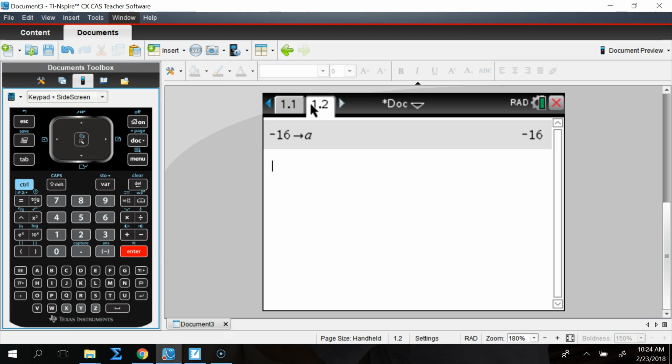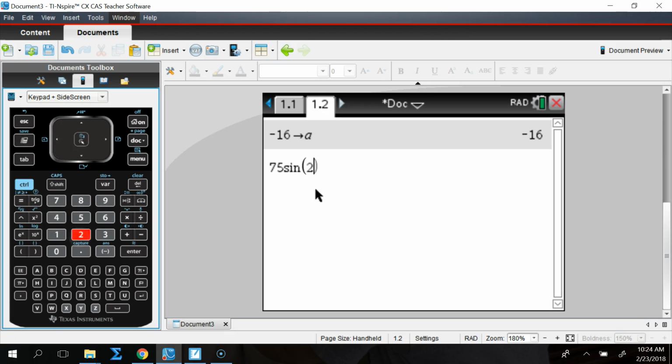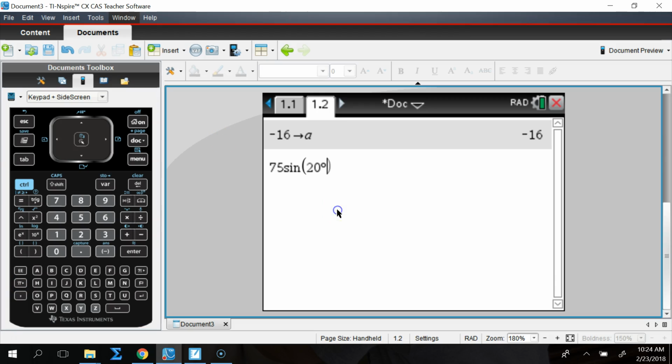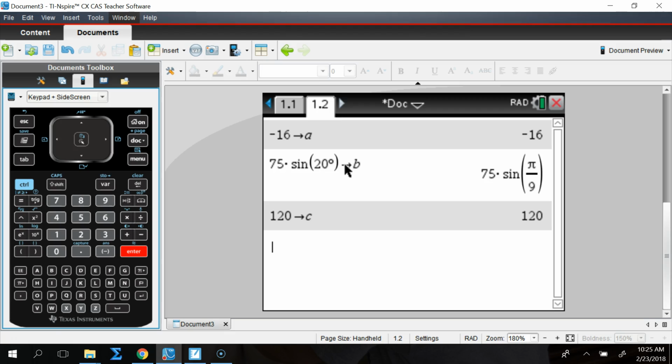I would store 75 times the sine of 20 degrees as my B value. And I would store 120 as my C value. I would store all of those in my calculator.